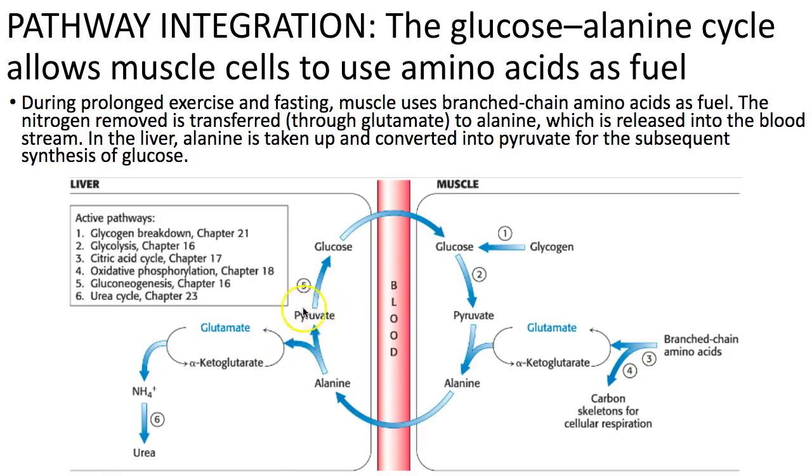But that pyruvate that ends up being formed can form glucose. And this is all happening within the liver, and then it goes back into the blood system, and then from there goes back into the muscle and starts the process all over again. And you form the pyruvate by glycolysis.